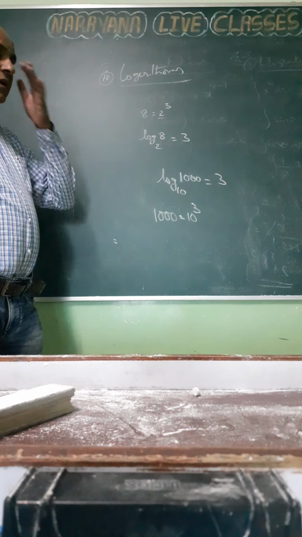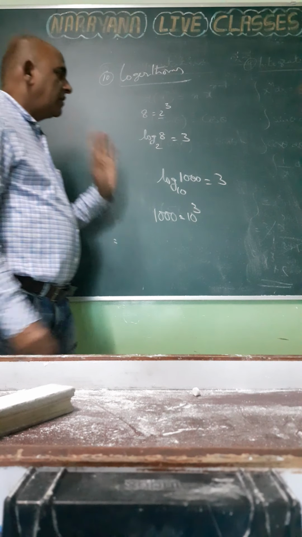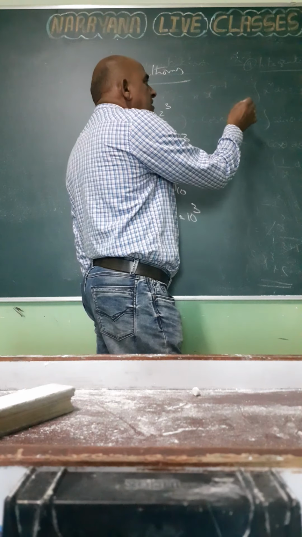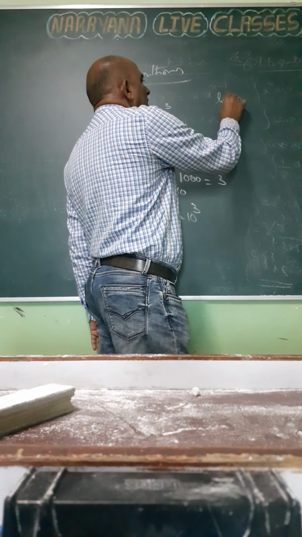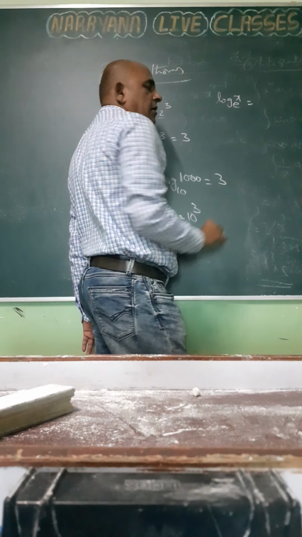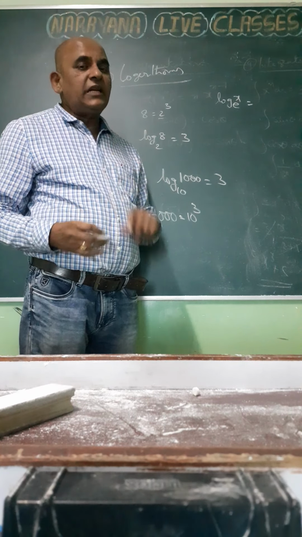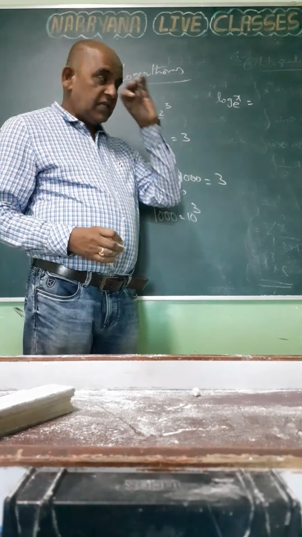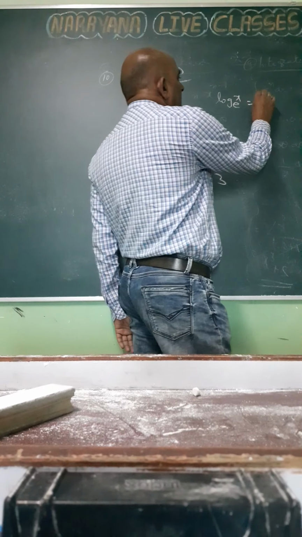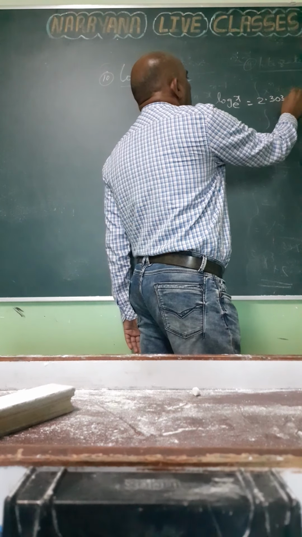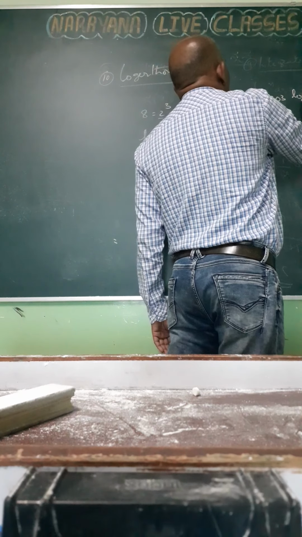And here one important point: logarithms are generally expressed in terms of base e. Suppose log x base e is there. In the logarithm books, values are in terms of base 10. So to convert base e to base 10, we have to multiply by 2.303 log x base 10.